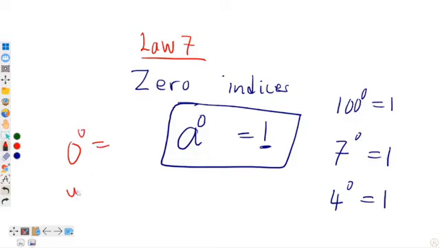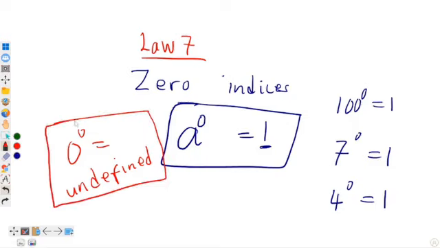This one, the answer is undefined. So, for this one, we normally say the answer is undefined, 0 to the power 0. But if you have any number greater than 0, which is raised to the power of a 0, that should give you a 1.